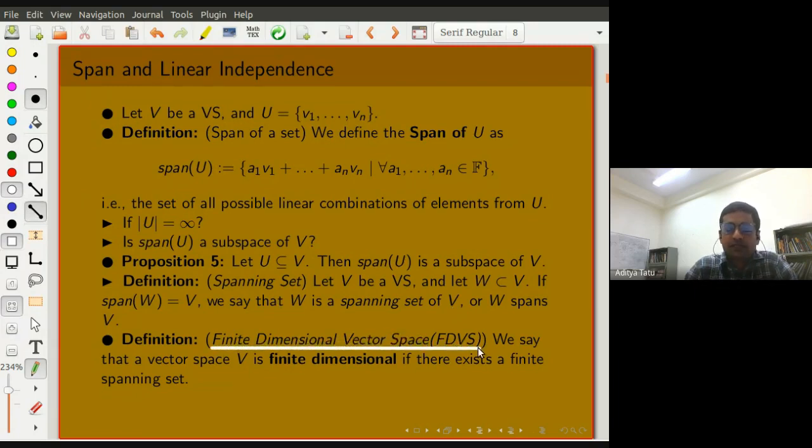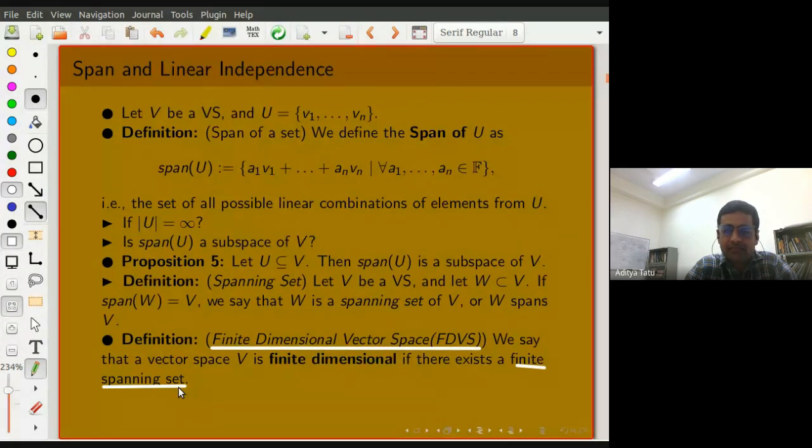We say that the given vector space V is finite dimensional if there exists a set which has finitely many elements and it spans the vector space V. It doesn't say that all spanning sets have to be finite, it just says that there must exist at least one spanning set which has a finite number of elements.